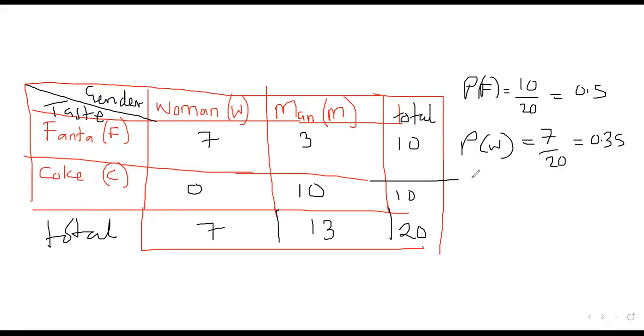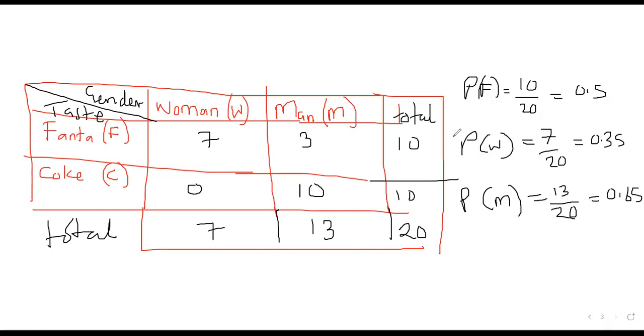Yeah. So for the man, what is the probability of the man? The total for the man is what? 13 over 20, which is 0.65.